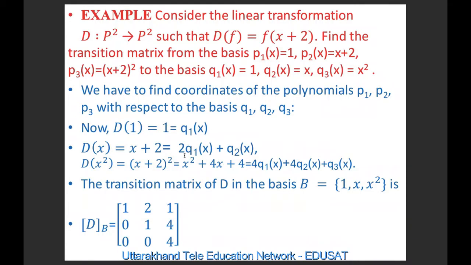So x plus 2 is equal to 2q1(x) plus q2(x). You can easily find these coefficients because p2(x) is x plus 2, and this is 2q1(x) plus q2(x), because q2(x) is x and q1(x) is 1.